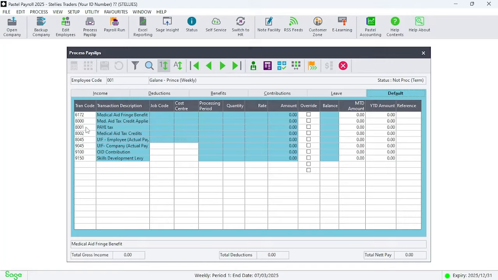We have your other mandatory codes: 8001 PAYE, 8045 UIF, 9045 UIF, 9100 OID, 915 or Skills Development Levy.